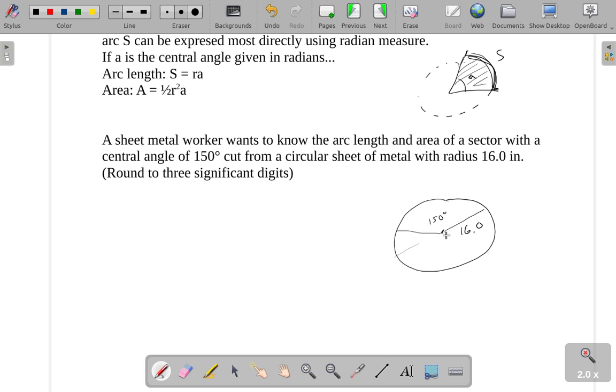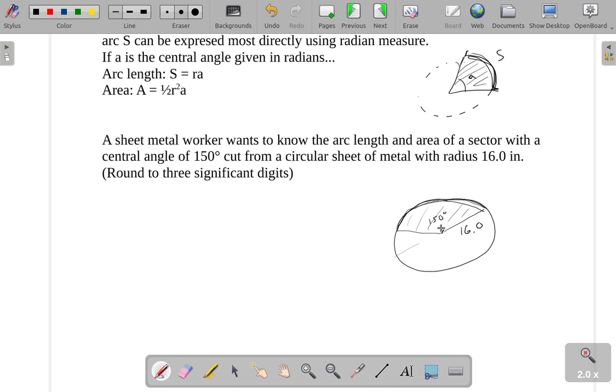All right, so the sheet metal worker wants to know the arc length, so this distance right here, and the area of the sector. One reason you might want to know something like this is if you then rolled this, you could create a cone really easily, and this arc length would be the circumference of the resulting cone.